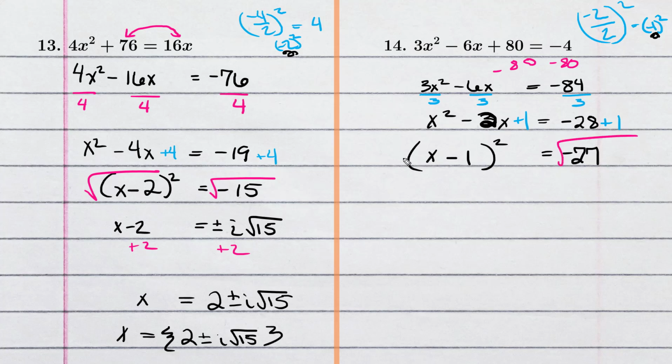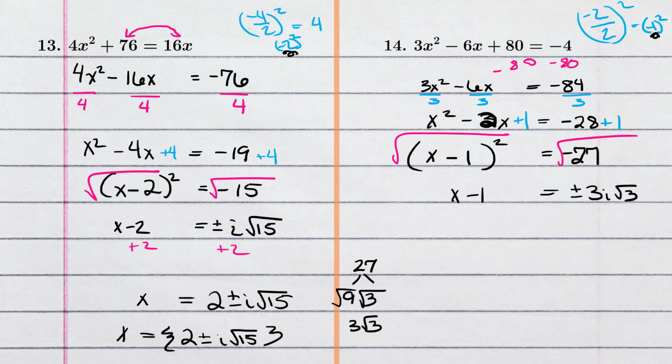So now I take the square root of both sides. And then x minus 1 is equal to, when we simplify this, inside the 27, a perfect square of 9 lives there. So the square root of 9 times the square root of 3 is 3 square roots of 3. And it's imaginary, so it's plus or minus 3i square roots of 3.